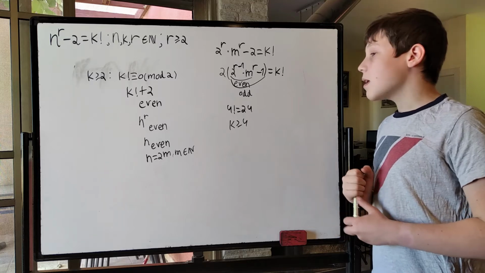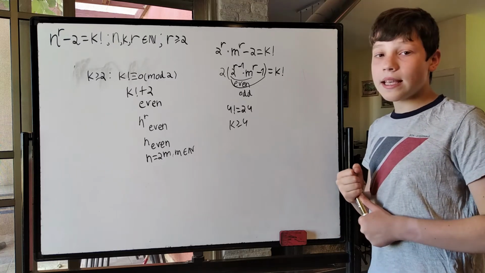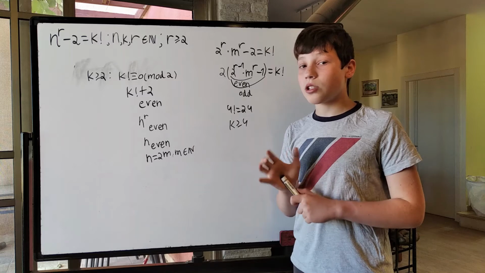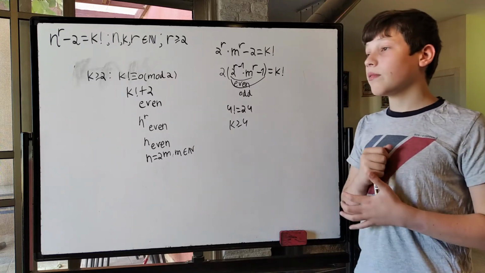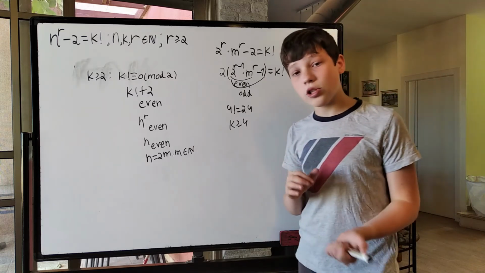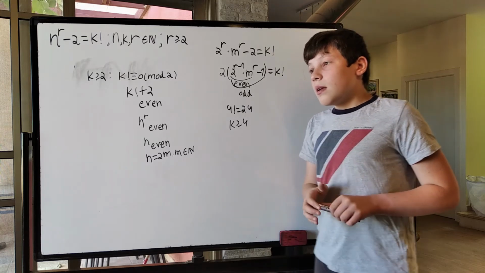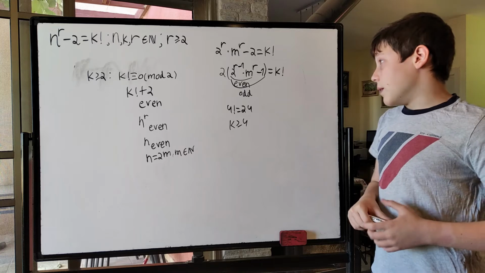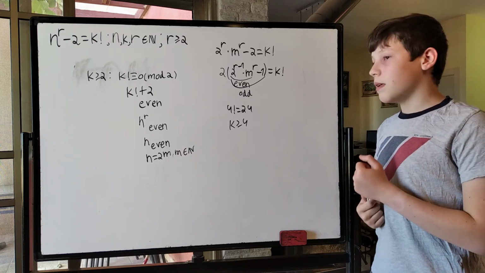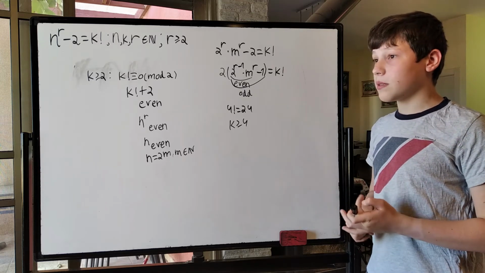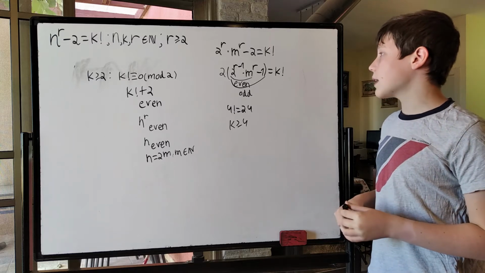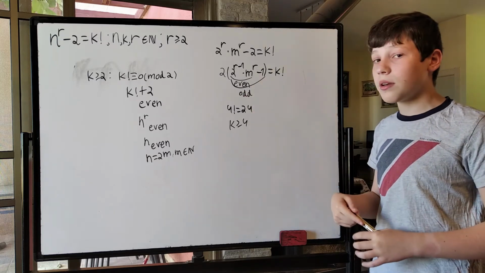and the other cases are k is equal to 2 and 3. We have k factorial is equal to 2 and 6, which aren't divisible by 4, but are still even. And k factorial cannot be divisible by 4, since k factorial is 2 times an odd number.